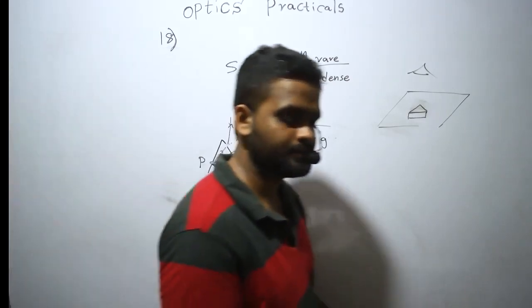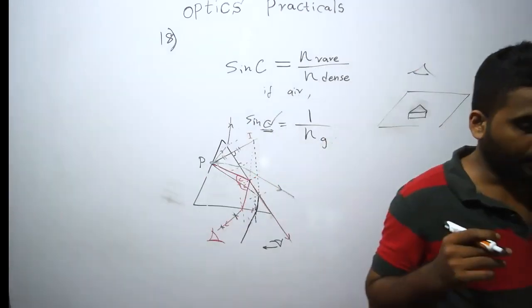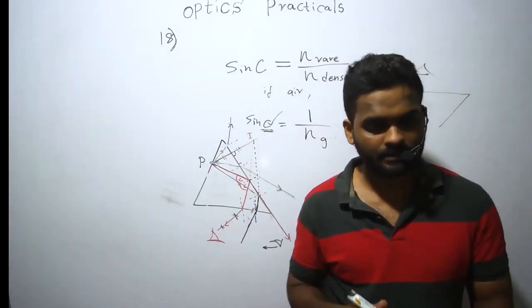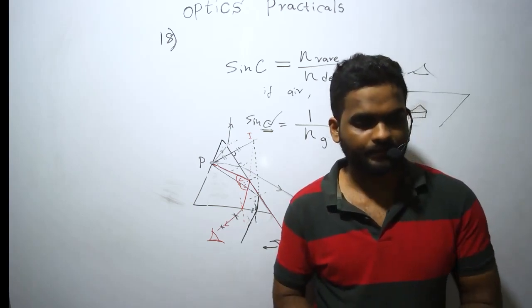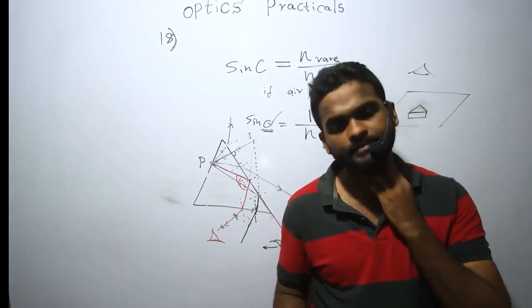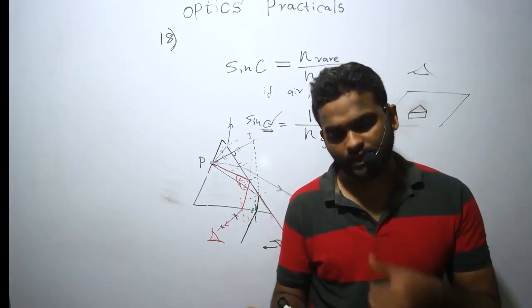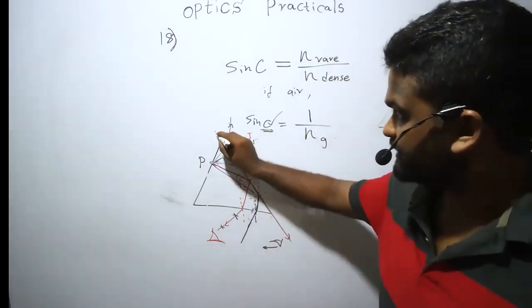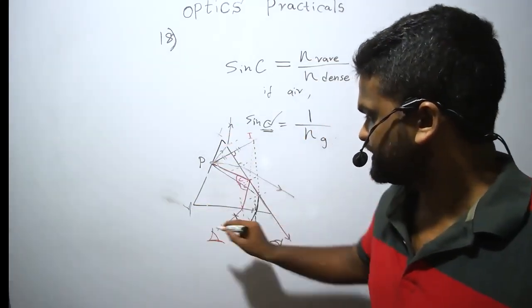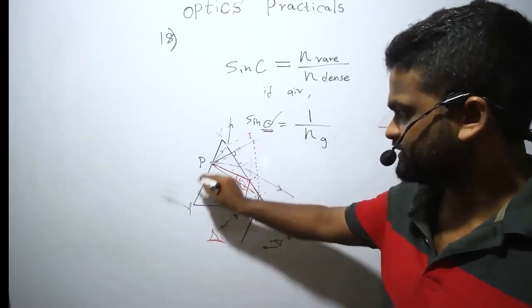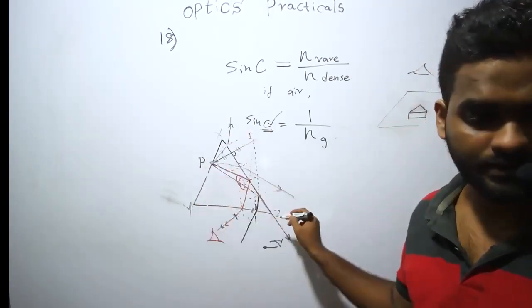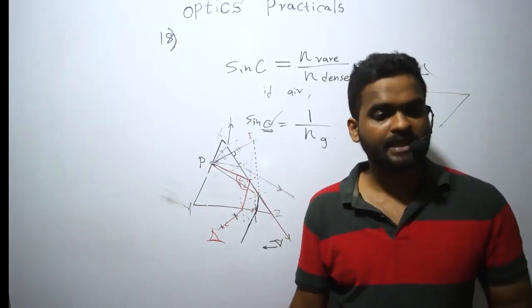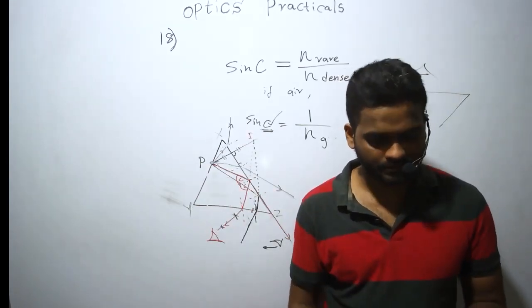Write down: optical pin should be in contact with XY. Put XYZ, okay?